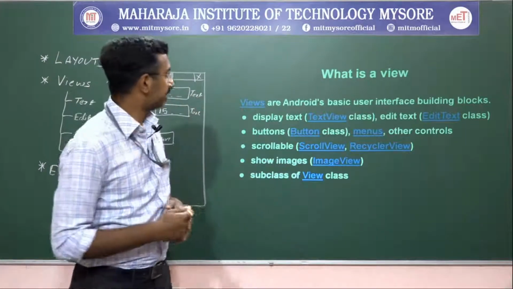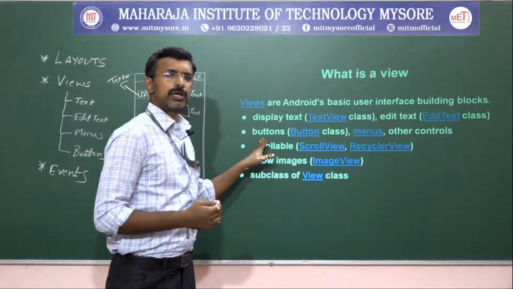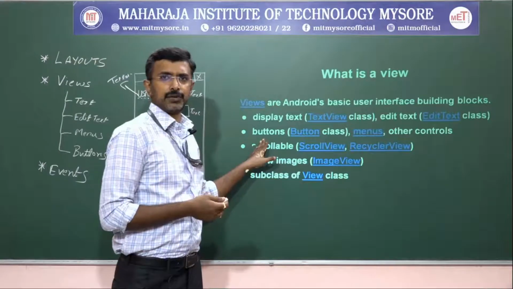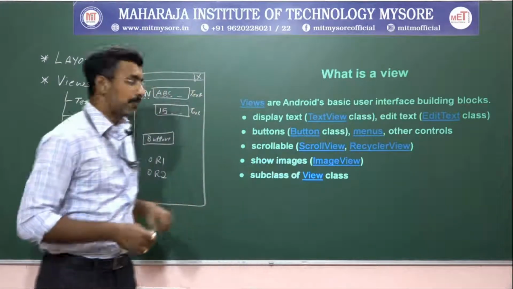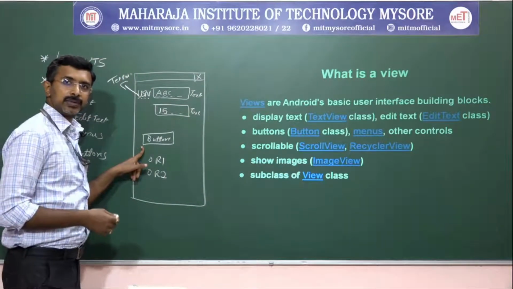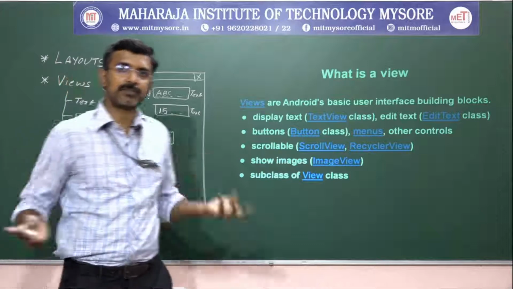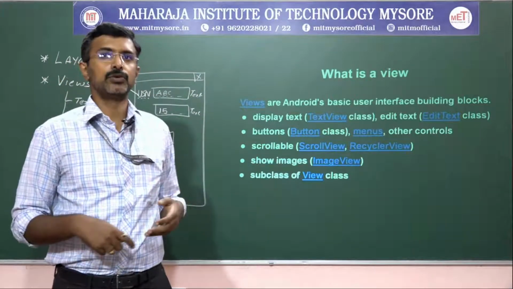It's nothing but a class. Everything is a class. There are thousands of views which you can use, but I'm just giving a simple idea. Next, there are buttons. Buttons are used to perform some action, to make sure that on clicking something, you perform some action.